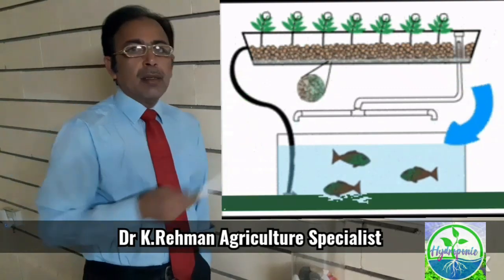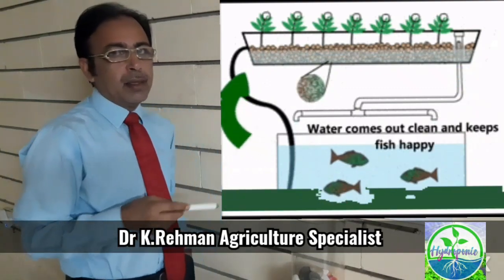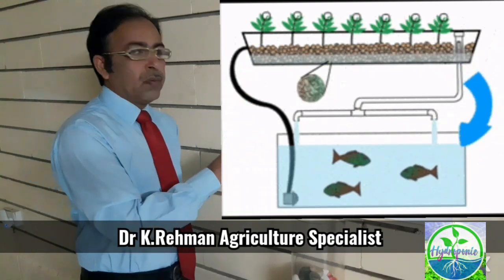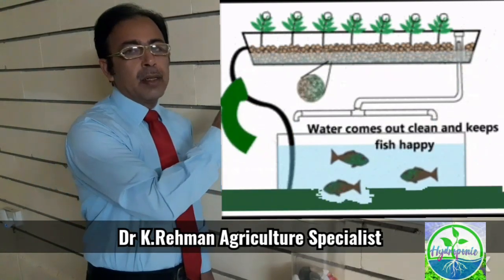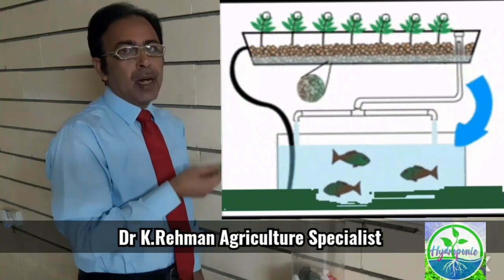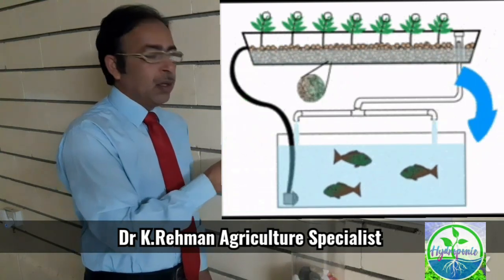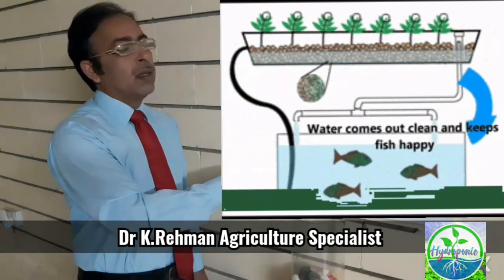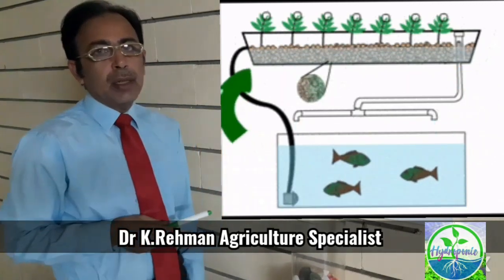And the fourth one is aquaponic. It is the joint culture of fish and plants. We grow plants and also culture fish. We feed the fish and the fish waste provides the nutrients to the plants.